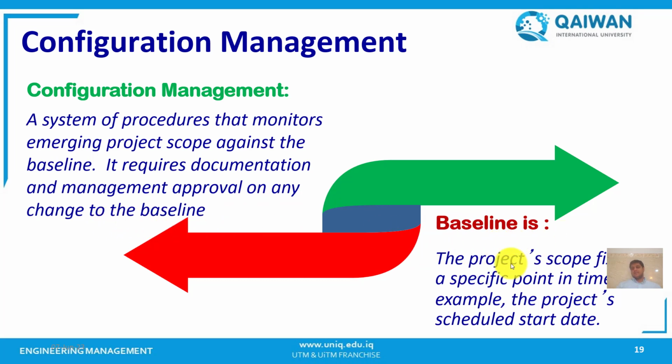What is the baseline? The baseline is the project scope fixed at a specific point in time, for example, the project's scheduled start date. This is what you have planned for. So when a change happens to this baseline, we have to take some corrective actions and configure the project with the changed items.